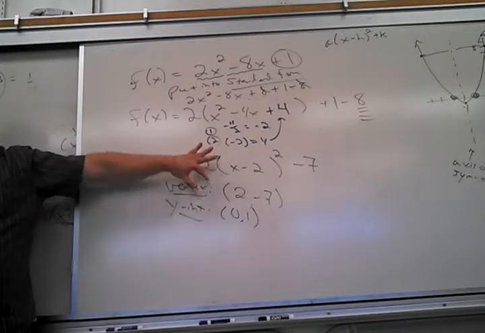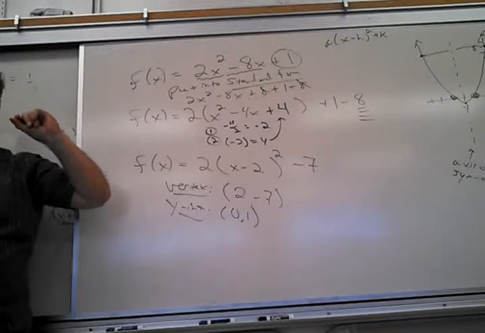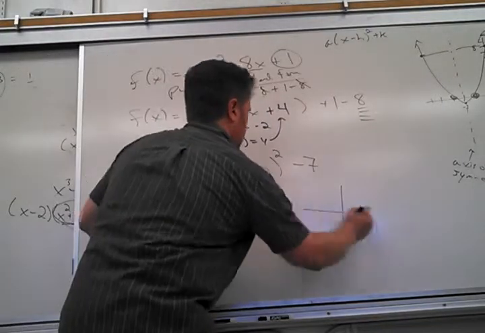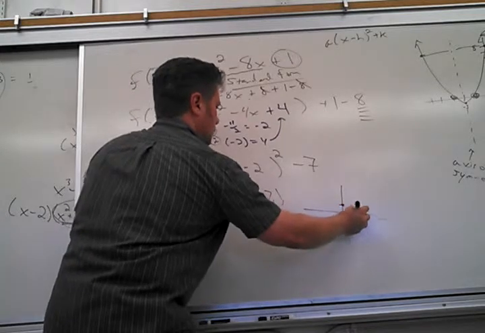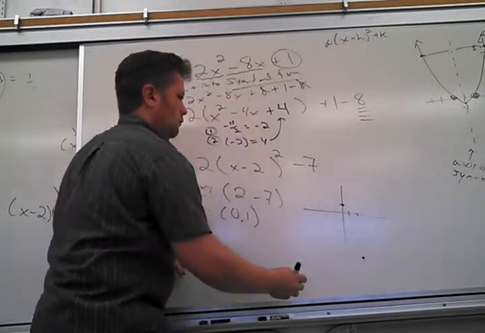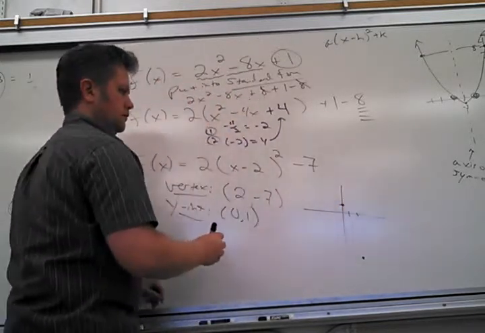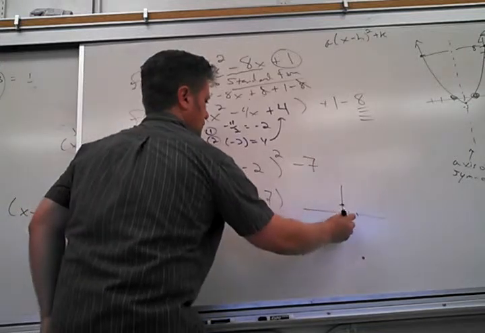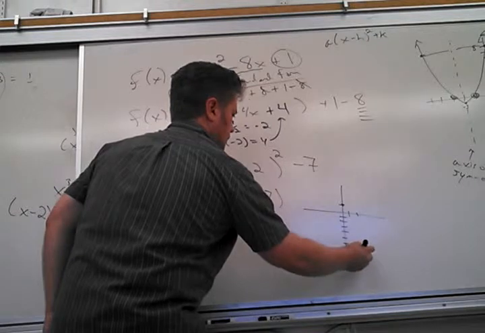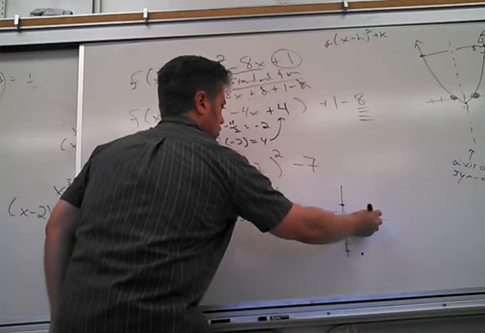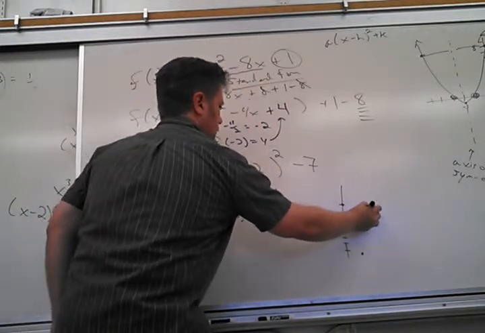And then you can graph this problem, right? The y-intercept is at 0, 1. Vertex is at 2, negative 7. Where's one more point? Two over, so 4, 1.